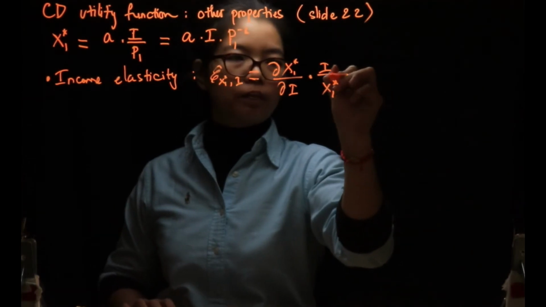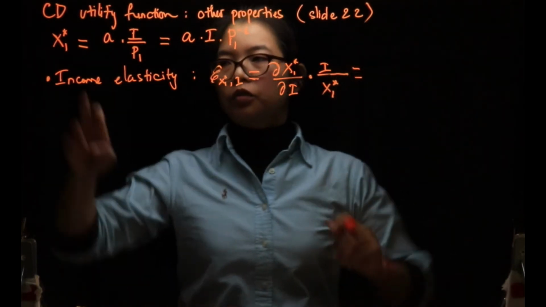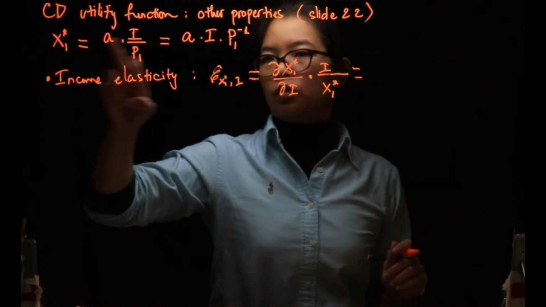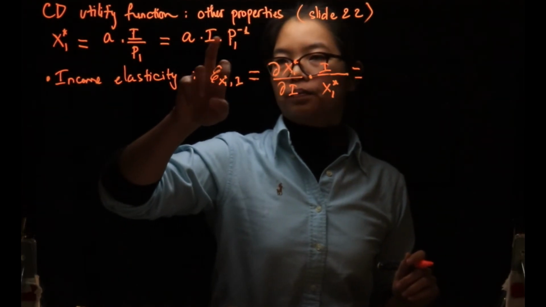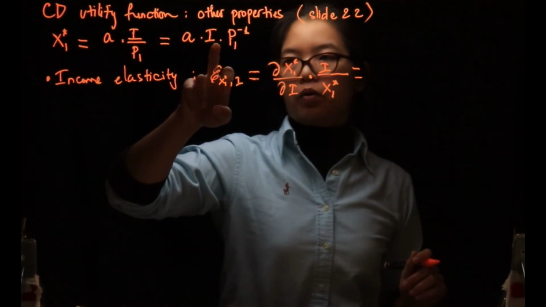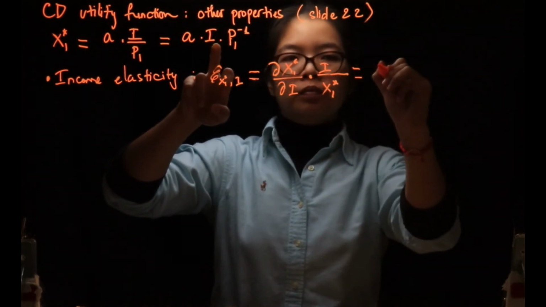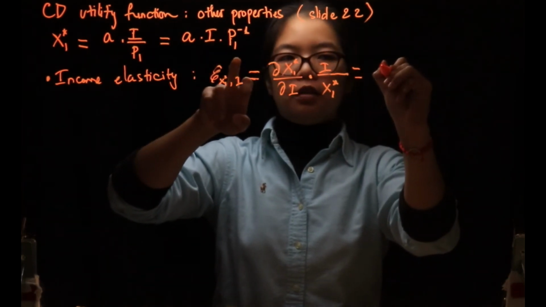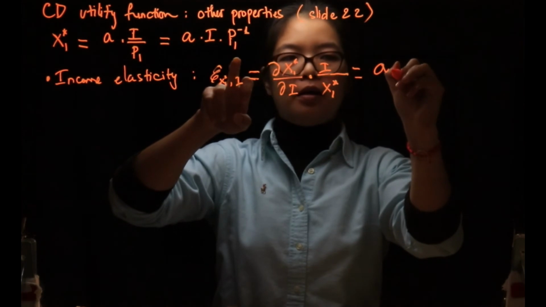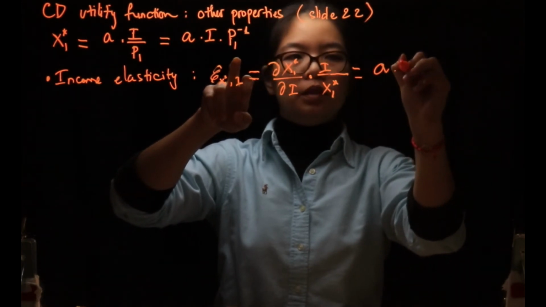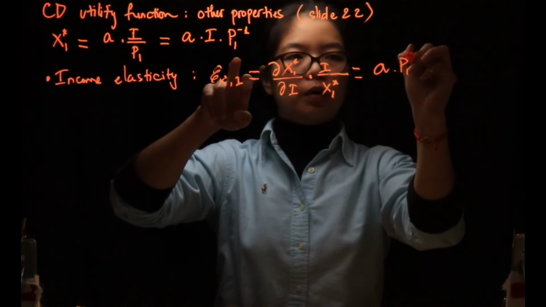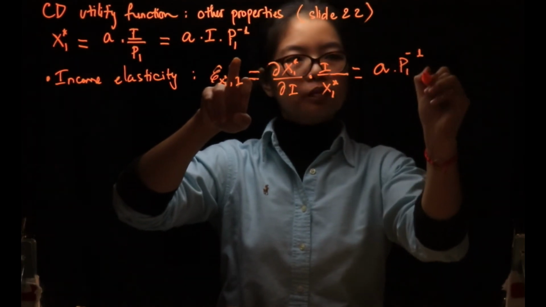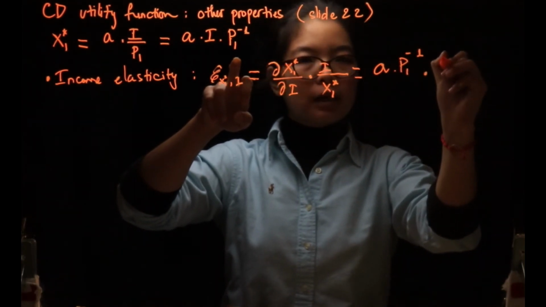So now the derivative of x1* with respect to income, let's say I to the power 1, treating everything else constant, means we have a times p1 to the power minus 1, times I to the power 0.